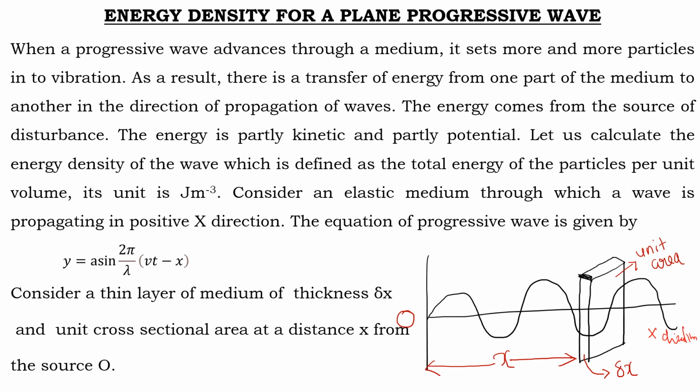And in the medium consider a very thin layer of thickness delta x, and its area is unit value, that is unit area of cross section, and this thin layer is at a distance x from the origin.